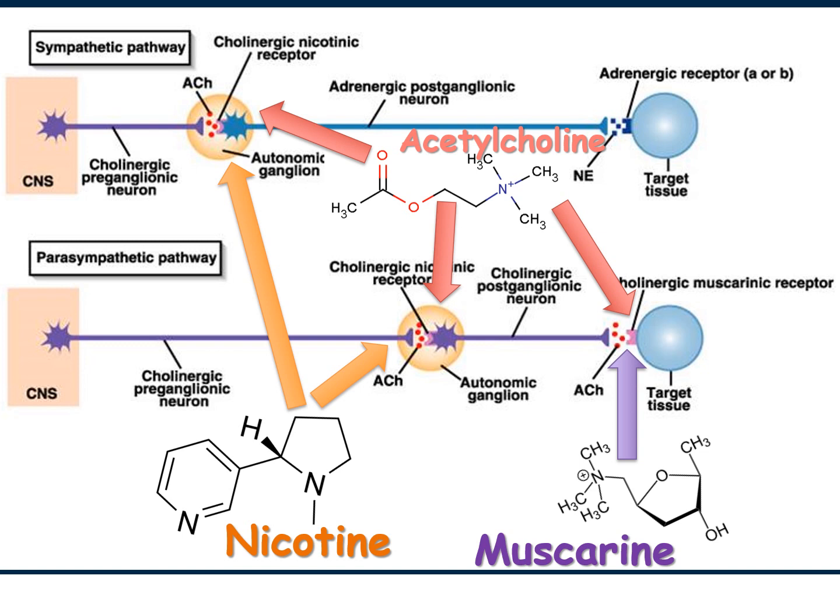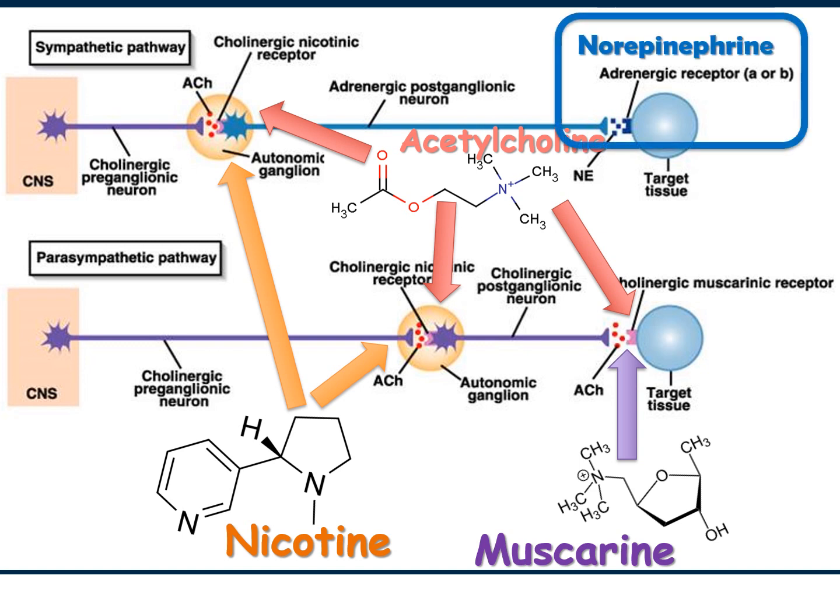Now the second neuron synapse in the sympathetic pathway is adrenergic. So the postganglionic neuron is an adrenergic neuron that secretes norepinephrine. And the receptors on the target tissue for sympathetic pathways are adrenergic receptors.